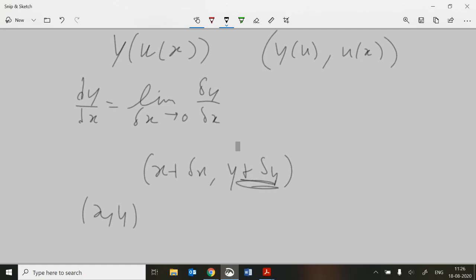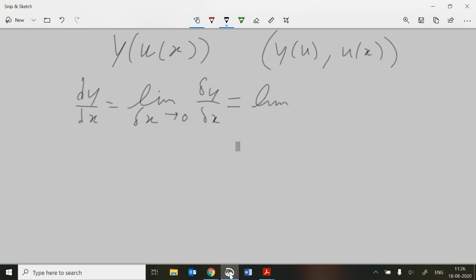Now, obviously, you can actually have a function for this. You put this into your function, but we're just saying it is a small amount different, given that we are a small amount different in the x direction as well. Okay, so there's our definition, and that's why we're saying it's not a fraction. It is a fraction with a limit on the front, because we can't actually have delta x being equal to 0. That's the whole problem. Well, laws or properties of limits tell us that we can split this up.